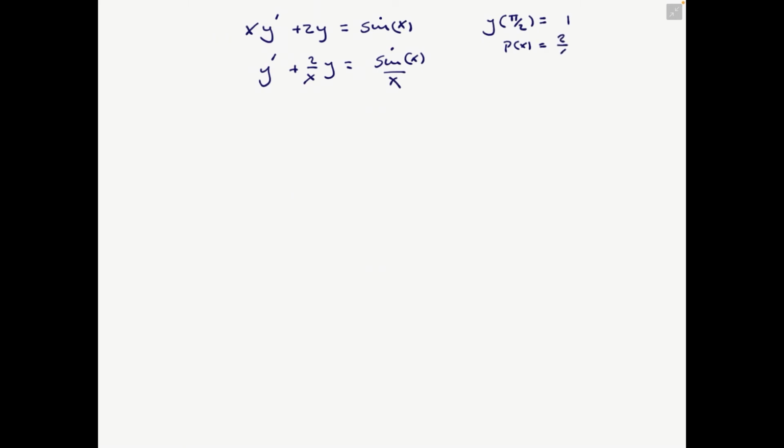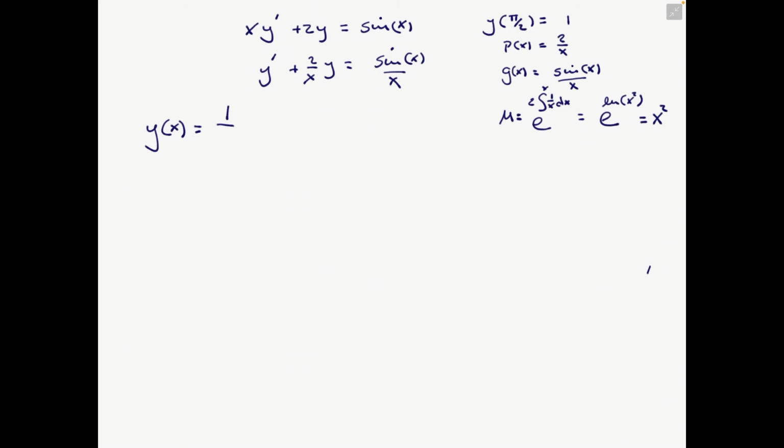And so p of x equals 2 over x, g of x is sine of x over x, and mu is equal to e to the integral of 2 on x dx, and that's equal to e to the ln of x squared, which is x squared.